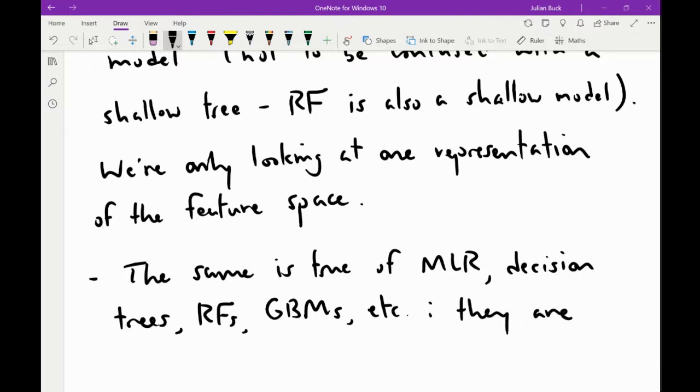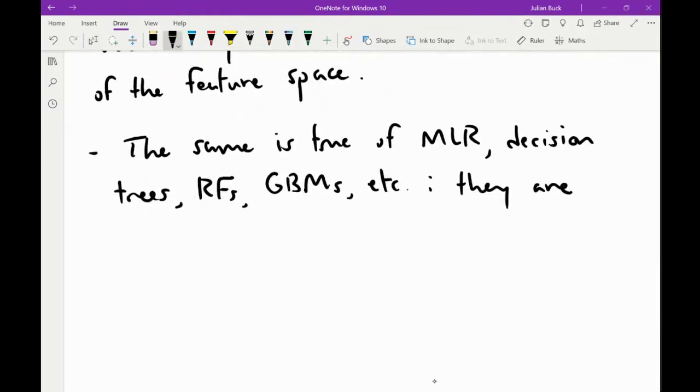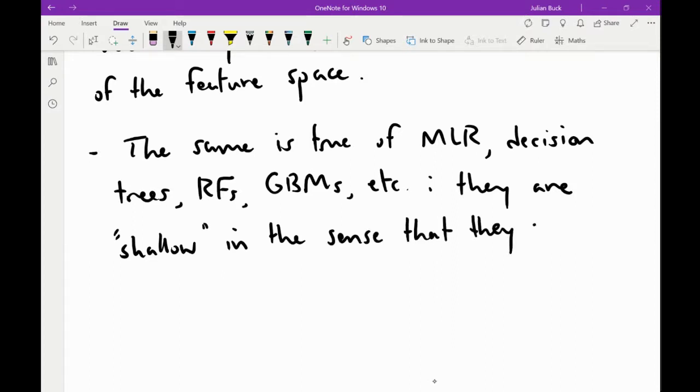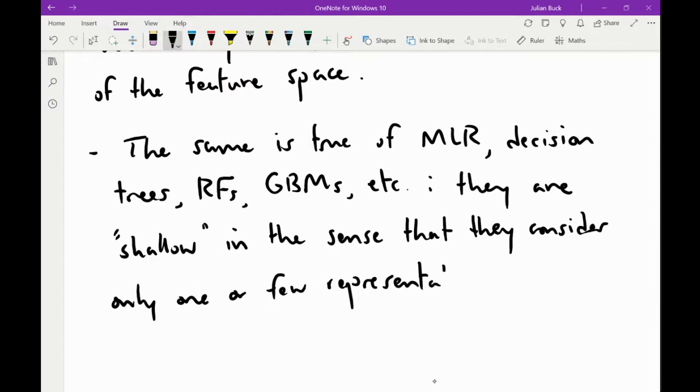Same thing with clustering algorithms, PCA, and so on, in the sense that they consider only one or a few representations of the features.